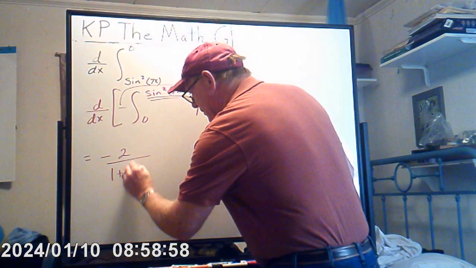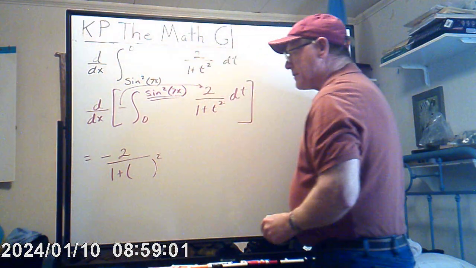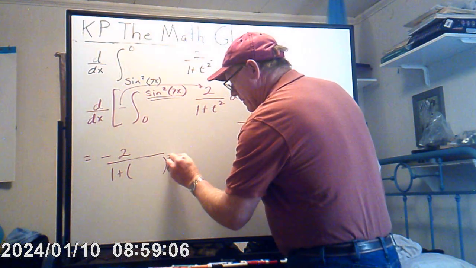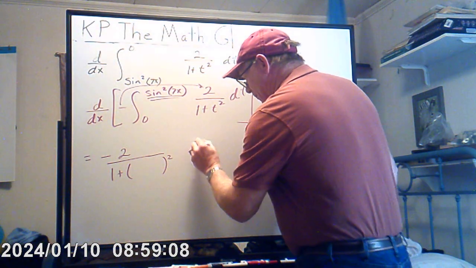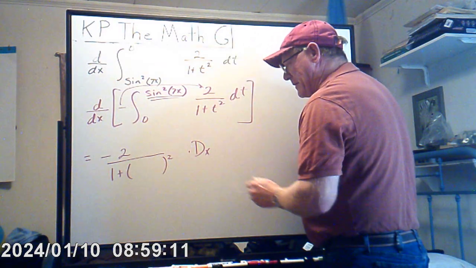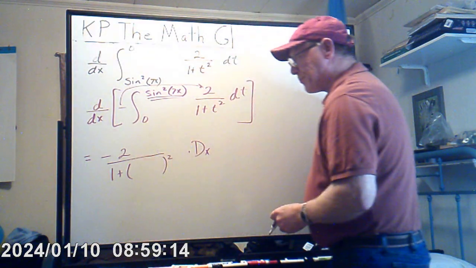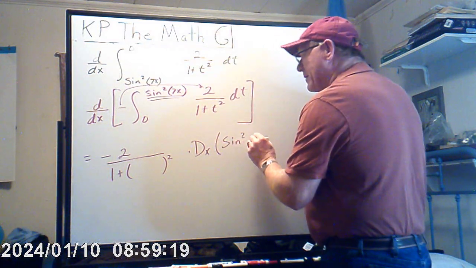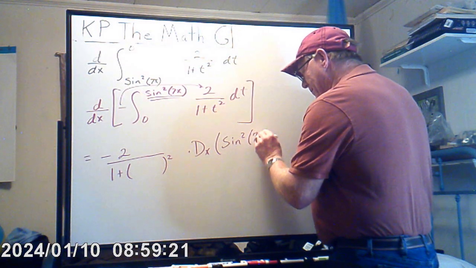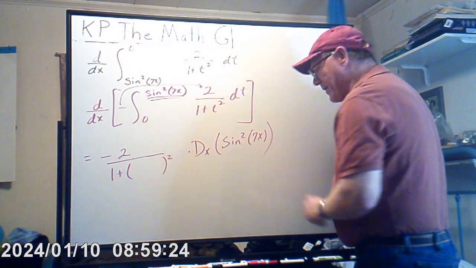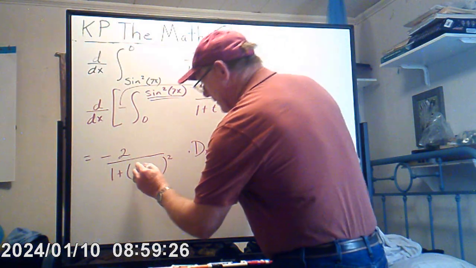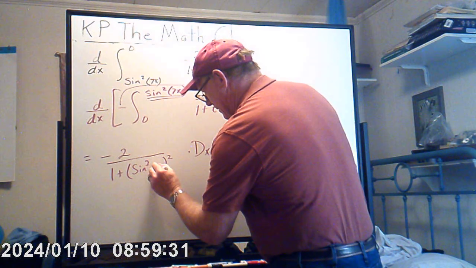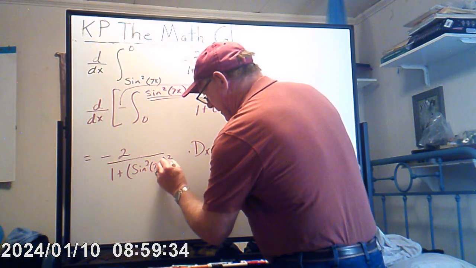Over 1 plus something squared. Now I need a little wider parentheses. And I'm definitely going to take the derivative of this something here. Matter of fact, I'm going to show you. I'm going to take the derivative of that right there. So I'm just going to put this in here: sine squared 7x.